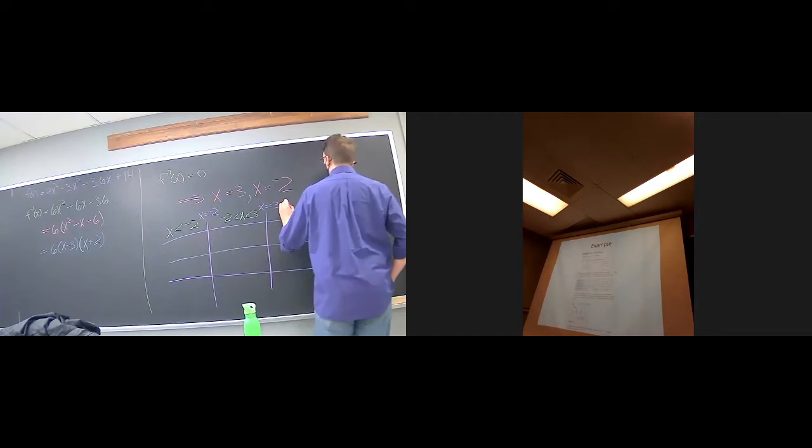This first interval is going to be x less than negative 2. The second interval is going to be x between negative 2 and 3. And this third interval is going to be 3 is less than x.